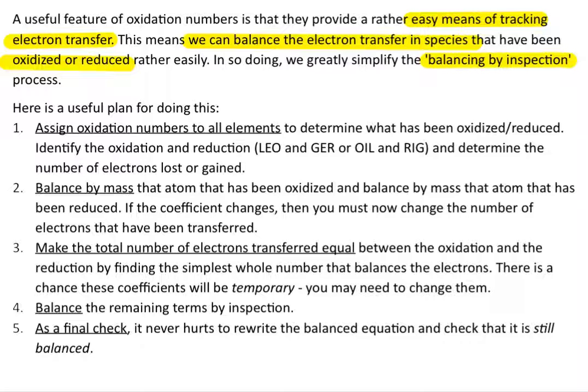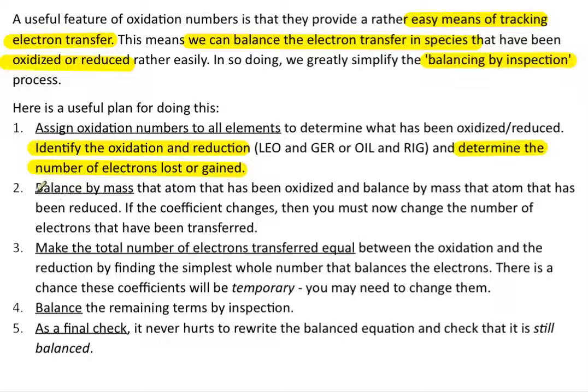So here's a simple plan that allows you to get through this. First step, assign oxidation numbers to all elements. You should be pretty good at that. You're going to see what's been oxidized or reduced, and identify the oxidation and the reduction, and I'll show you how that's done. You also are going to determine the number of electrons lost or gained. In an oxidation, you identify how many electrons have been lost.